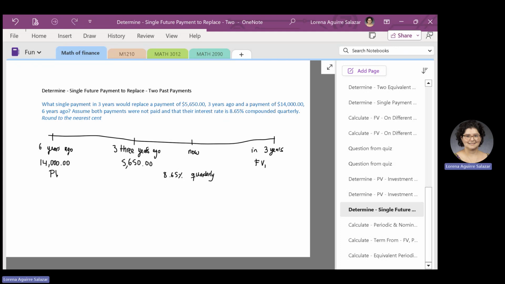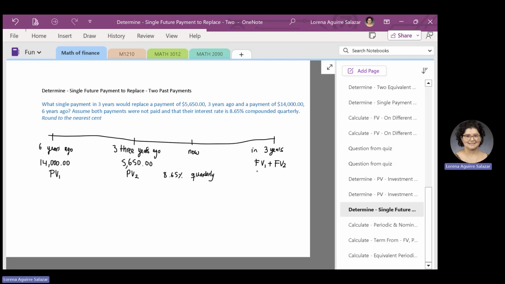And this $14,000 will be worth whatever it's worth in 3 years. And if we call this PV2, those $5650 will be worth whatever they are worth in 3 years. And the single payment that will replace those payments will be the addition of the future values.